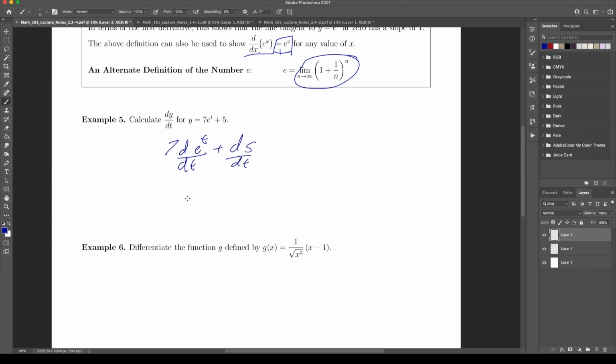This is just itself, so it'd be 7 times e to the t, and since 5 is a constant, the derivative of any constant is 0. So this is just 7e to the t is equal to dy. So when we take the derivative, we literally don't change anything. Now the plus 5, well, the 5 is a constant, so we get rid of that.